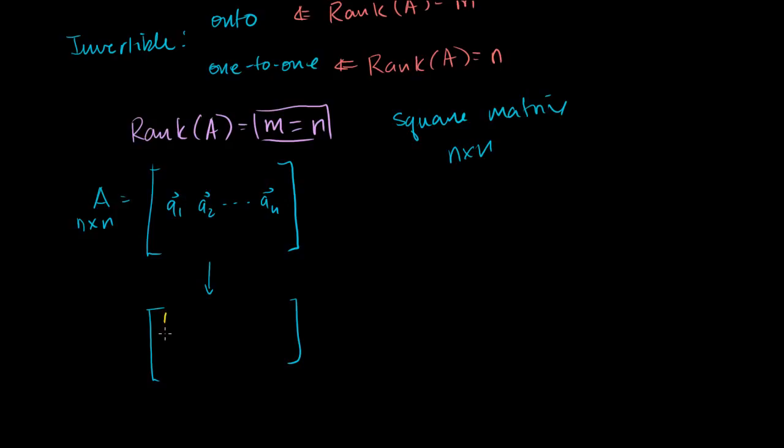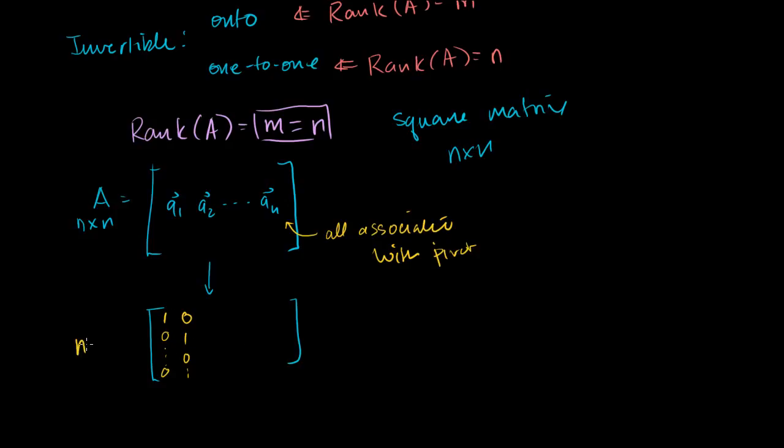So this is going to be 1, 0, a bunch of zeros, and then 0, 1, a bunch of zeros like this. They're all going to be associated with pivot columns when you go into reduced row echelon form. So all of them are pivot columns.